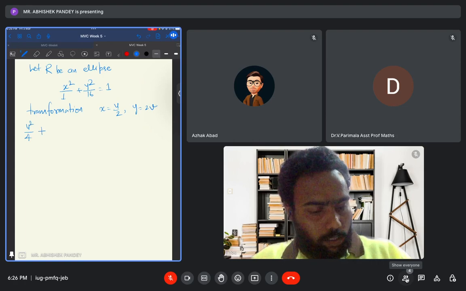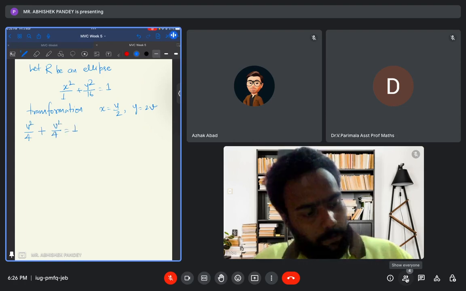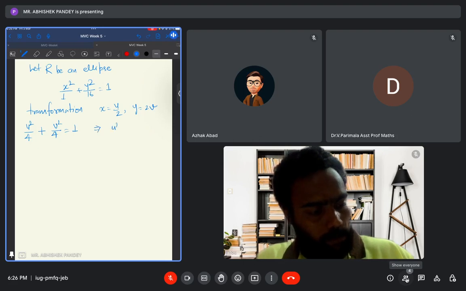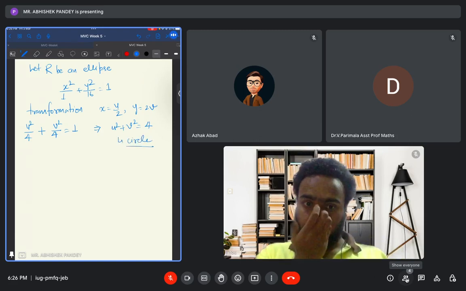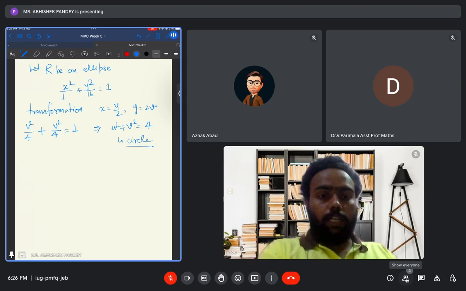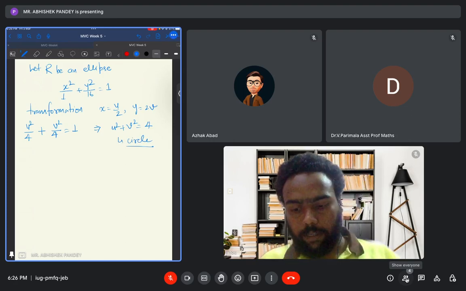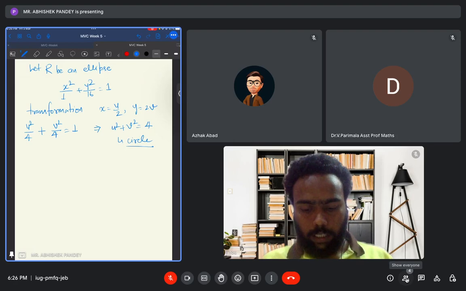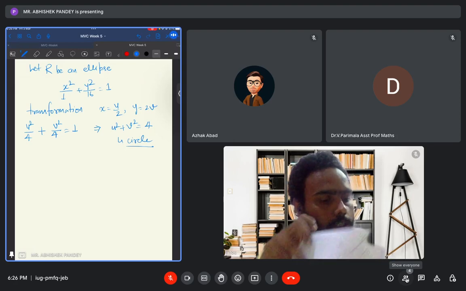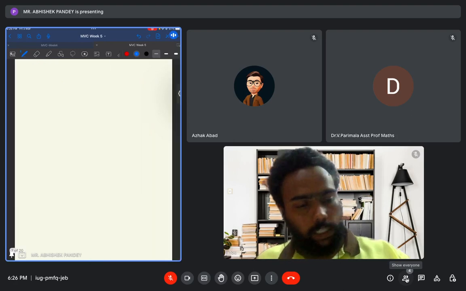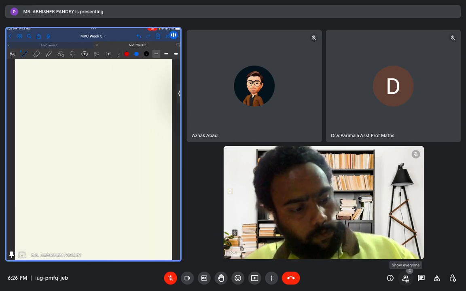Once you are doing this transformation, this will become 1. This implies u square plus v square equals 4. So this is now a circle. So the region gets changed. Earlier it was an ellipse, now this is a circle. Similarly, once you apply the transformation, the region will get changed.